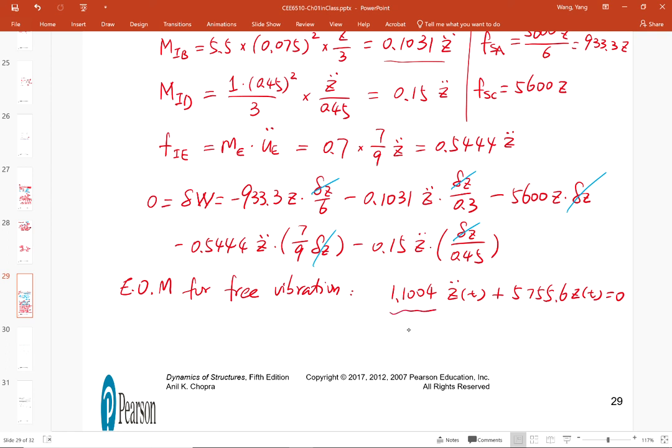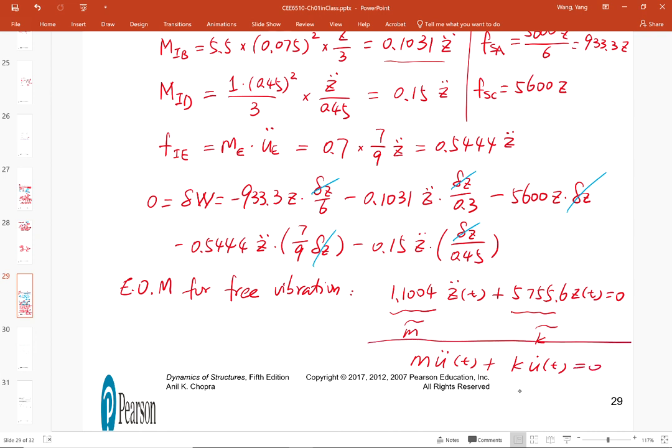Again, you have this concept of generalized mass and generalized stiffness. In the next chapter, chapter number 2, we'll be studying m u double dot plus k u of t, without damping first.